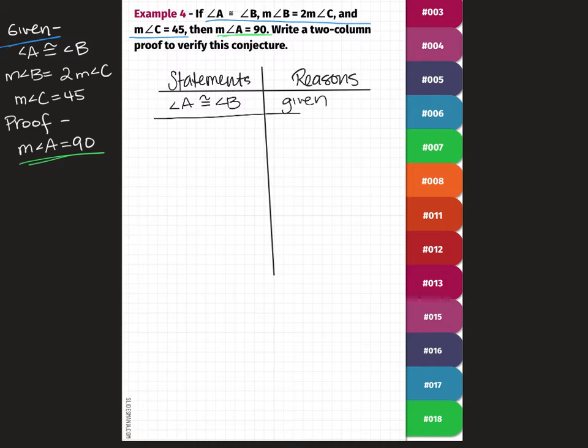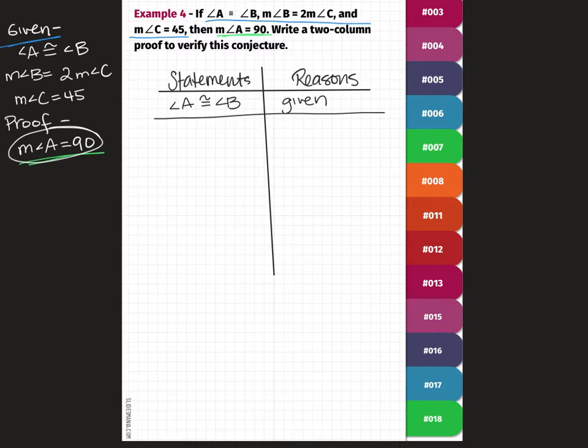Now, when I look at my answer, I see that it wants me to talk about the measure of the angle. So I have to change this information that was given to me to talk about the measure of the angle.